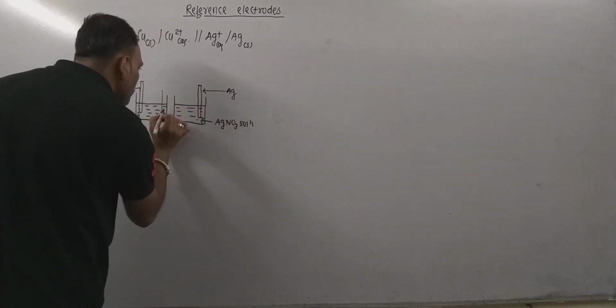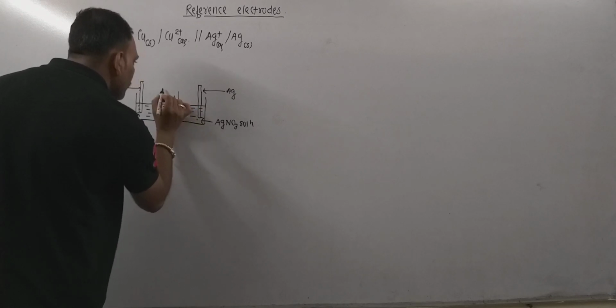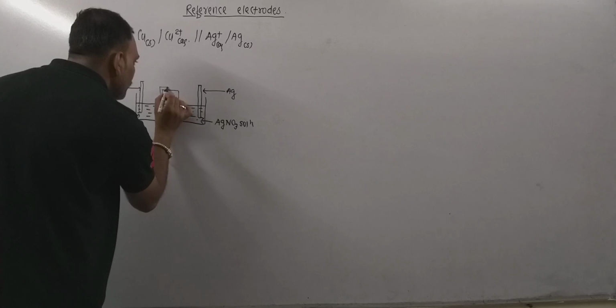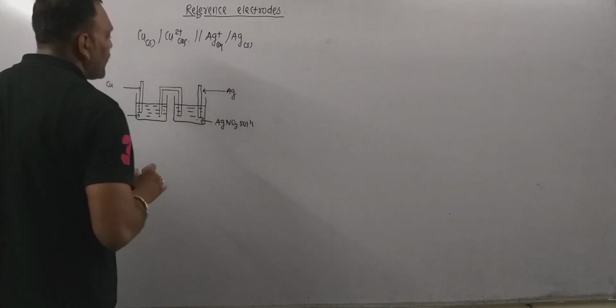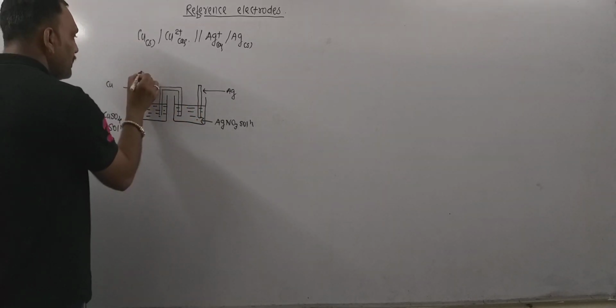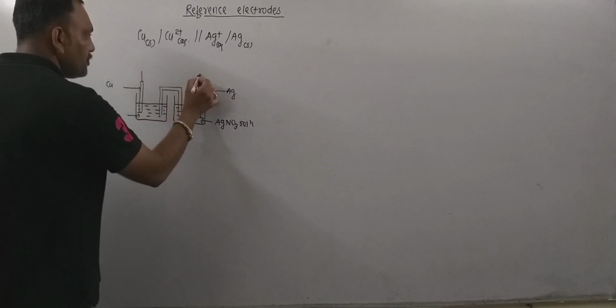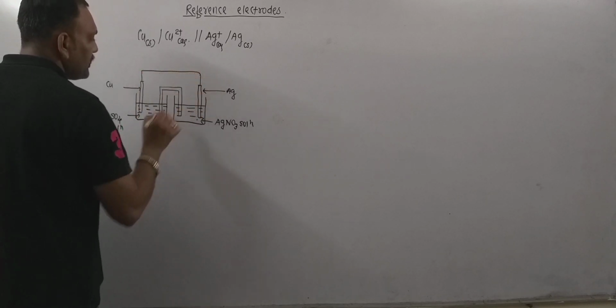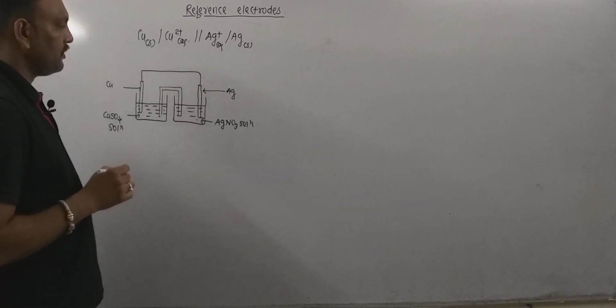Now these two solutions are connected by means of a salt bridge. Remember, the salt bridge provides indirect contact between these two electrolytes. Now the metallic electrodes need to be connected by means of a conducting wire like this.